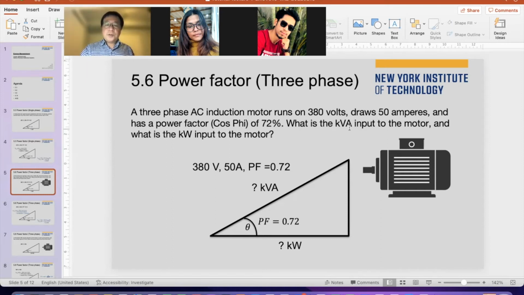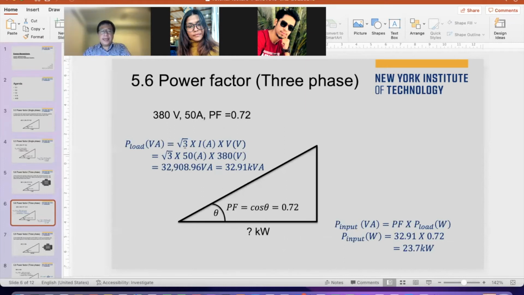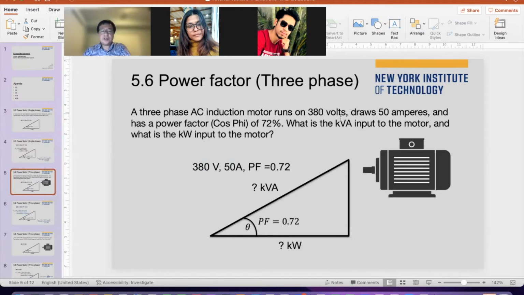When you know the unit, you can simply know what you need to calculate from the power triangle. kVA is the apparent power, and kilowatt is the active or real power. By the three-phase power equation, √3 times current times voltage, by putting all the numbers into this equation, we can get the apparent power in kVA. That is what the question asked.